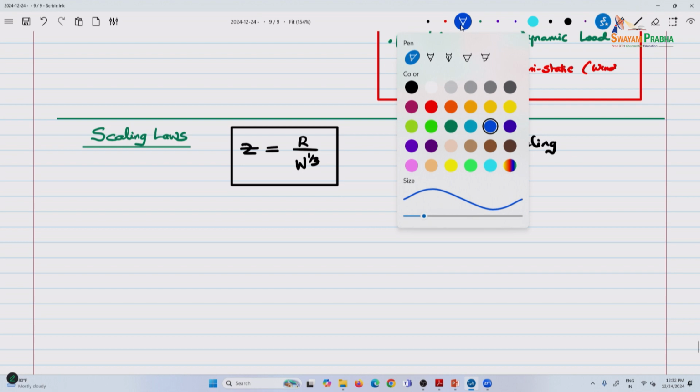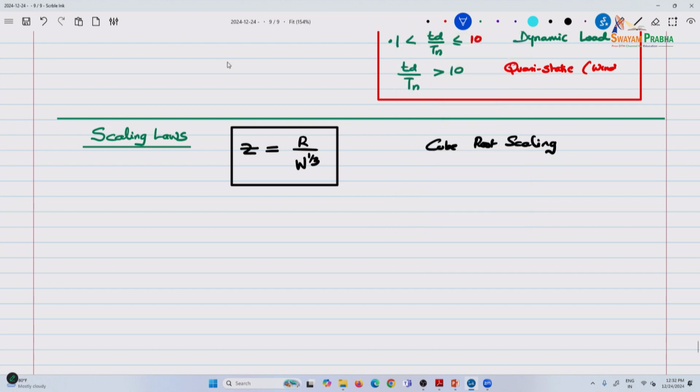We have seen earlier that the pressure values are dependent on Z. So if you consider two scenarios, let us say this is your structure and you have an explosive.